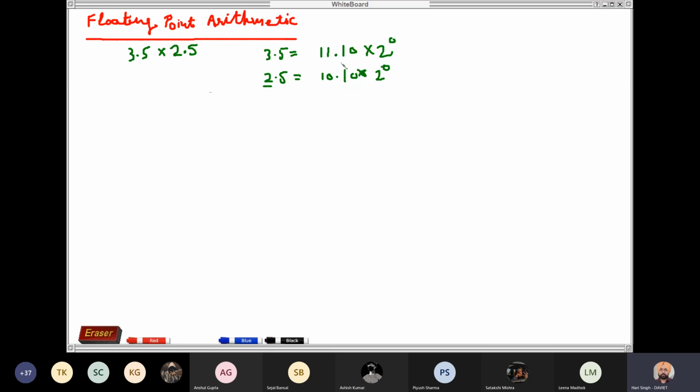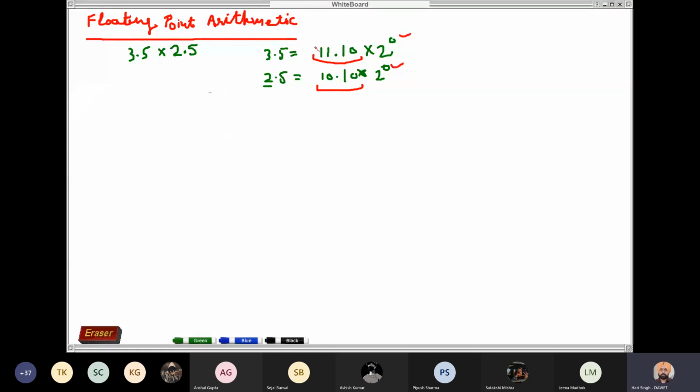Now the mantissa of the first number is 11.10, the mantissa of the second number is 10.10, and the exponent is 0 in both the cases.